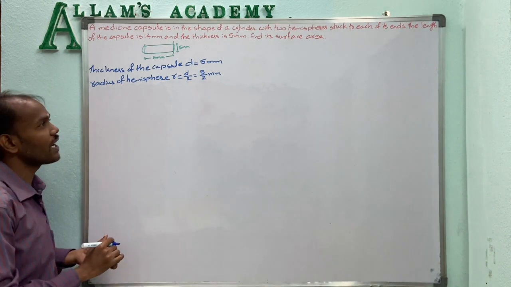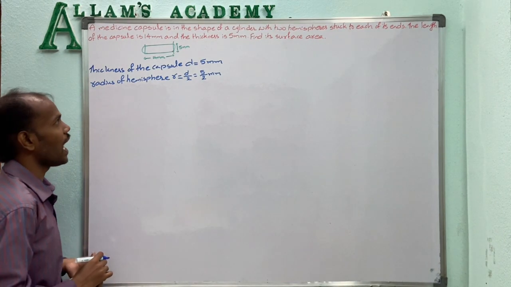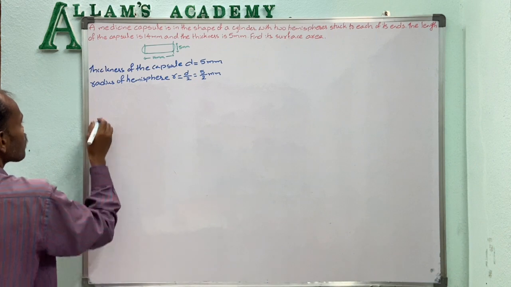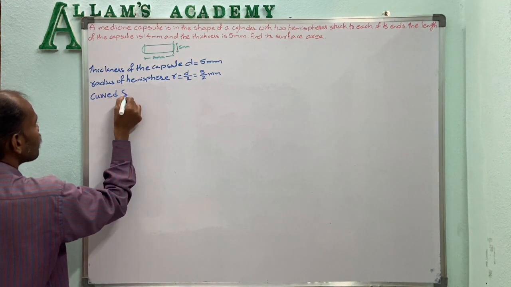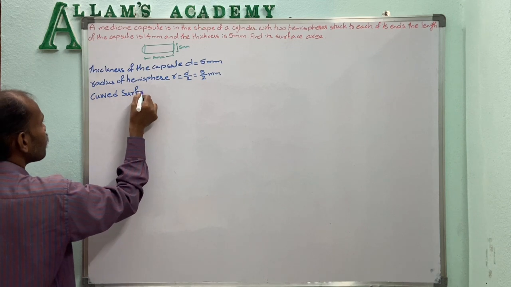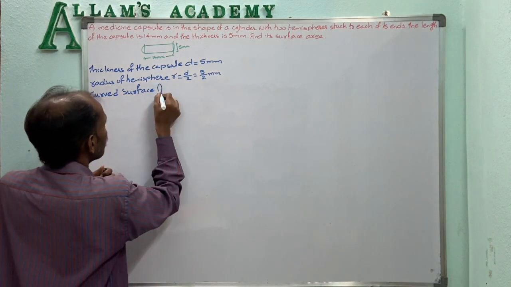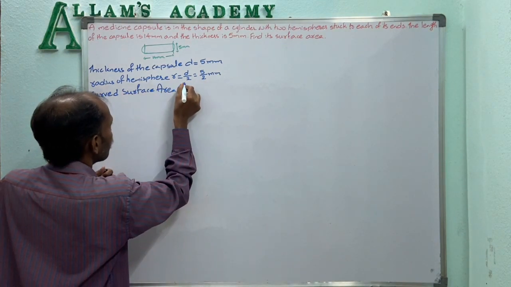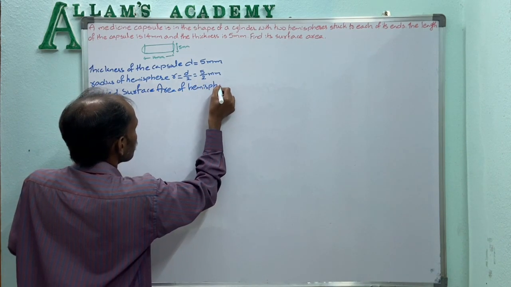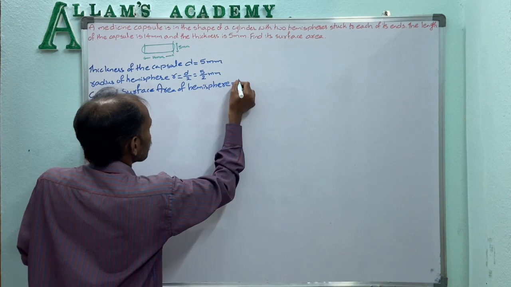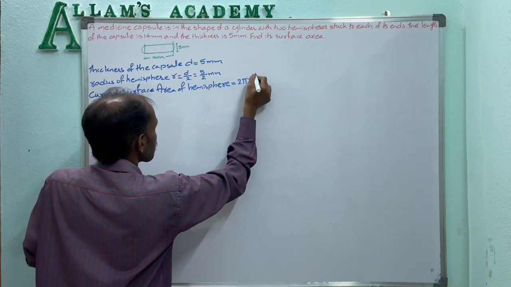Next, finding the curved surface area of the hemisphere. The curved surface area equals 2 pi r square.